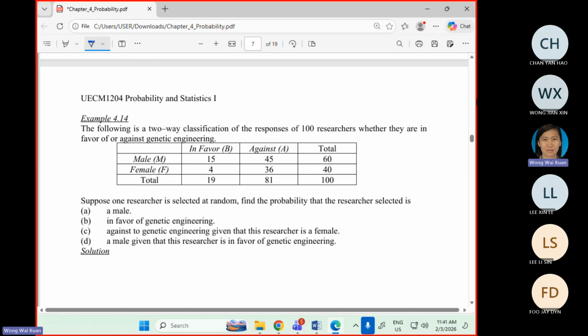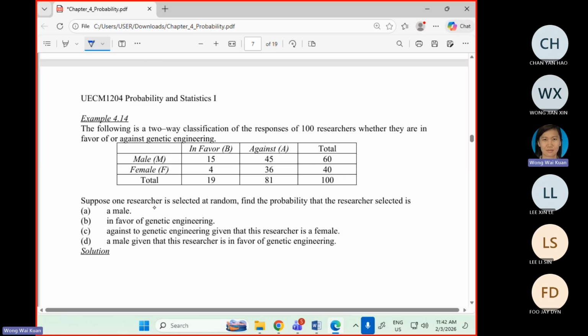I put it this way. In favor is event B. Against, meaning not agree, is A. Then M is for the researcher being male, and this is female. Now, I hope you understand this thoroughly. Then when you do conditional and marginal later, every time it will be easier for you.